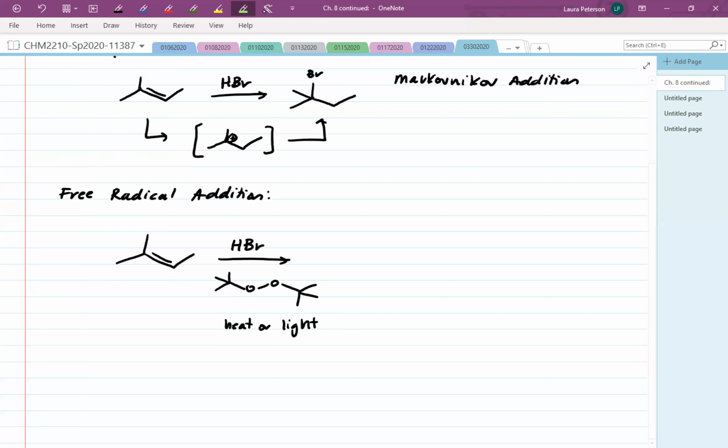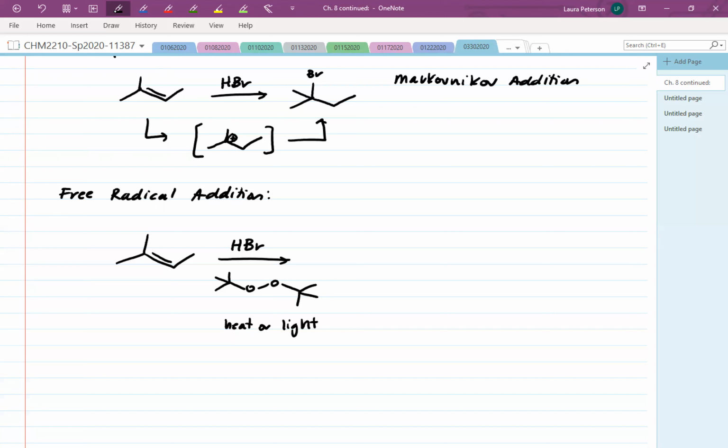This molecule is another peroxide, and that's the role of this reagent in this reaction. The oxygen-oxygen single bond has a very low BDE, which tells you that it's a very weak bond, and that allows us to shuttle reagents into a free radical reaction by adding in this free radical initiator. I'll tell you more about what that thing is called, and I'll give you the actual BDE in just a second.